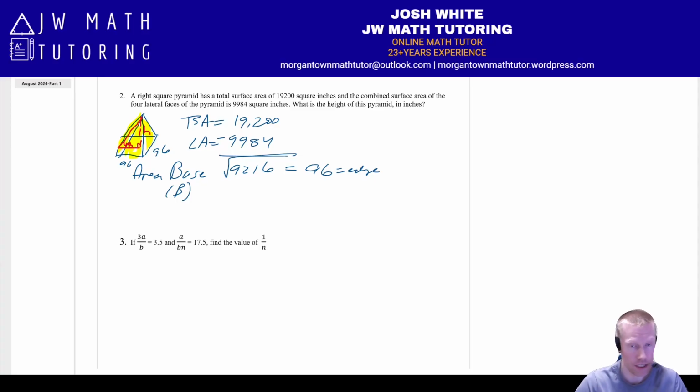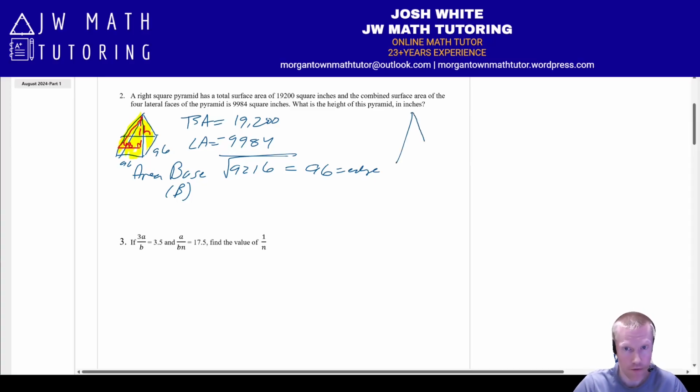And just to give you a visual idea of what's going on, this is one of the faces of the triangular pyramid. So you have this down here at 96, and then you have this perpendicular line coming down here. This is the height of this triangle, but it's this L. It's the slant height of the pyramid.